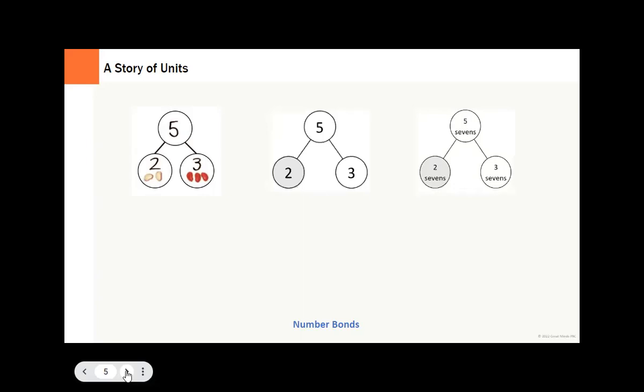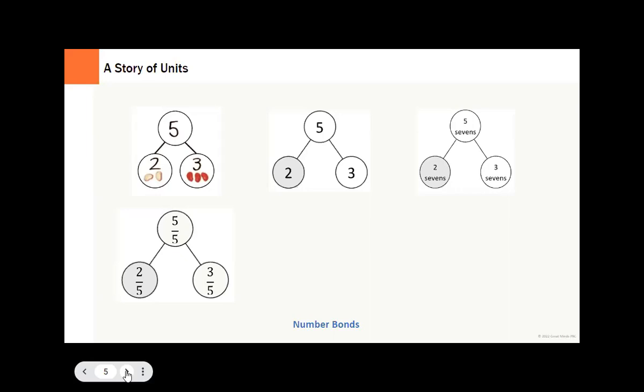And this is what I was just talking about, how the students will see where they have the 5 as the whole, and just the 3, the shaded area wouldn't be visible initially. And then the students would be identifying that 3 plus 2 equals 5. And then in the next one, it's if they have 5 7s, where you may have seen, like you grew up learning math, 5 times 7 equals 35.